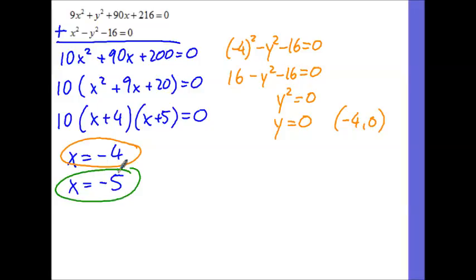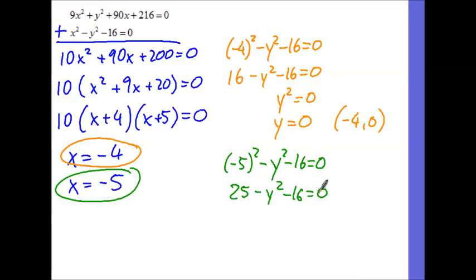Now we're going to plug negative 5 into that same equation for x. Negative 5 squared minus y squared minus 16 is equal to 0. 25 minus y squared minus 16 is equal to 0. 9 minus y squared is equal to 0. That means that y squared is equal to 9.